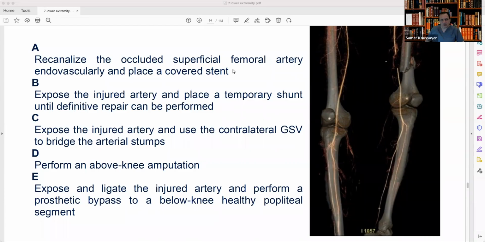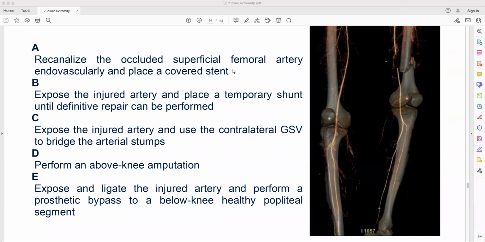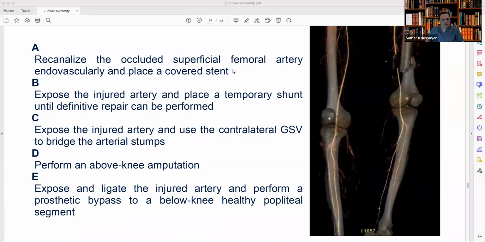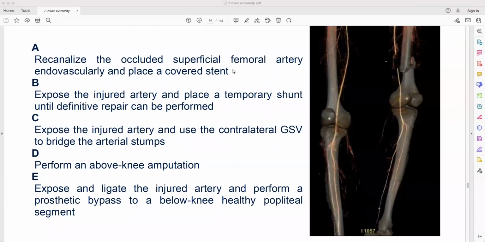Okay, next one. Expose the injured artery and place a temporary shunt until definitive treatment can be done. I think this is what we choose. C, expose the injured artery and use contralateral great saphenous vein to bridge the arterial stump.